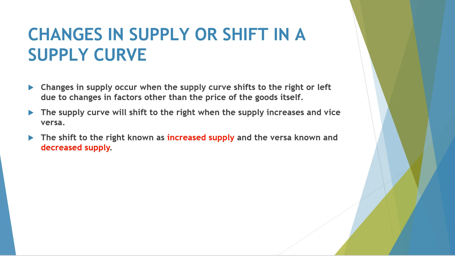So the supply curve will shift to the right when the supply increases and vice versa. The shift to the right is known as increase in supply and the shift to the left is known as decrease in supply. Let's see what it looks like.